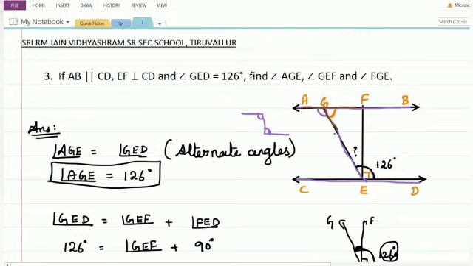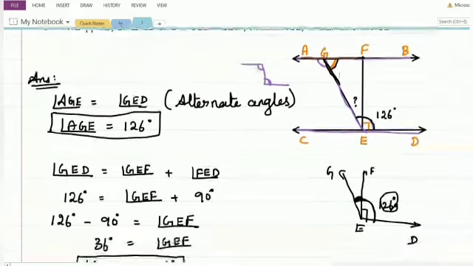Let me draw and show you. Here is the straight line and here we have a ray passes through. When you add these two angles, it will give you what? Angle AGE plus angle FGE will give you 180 degree because linear pair.